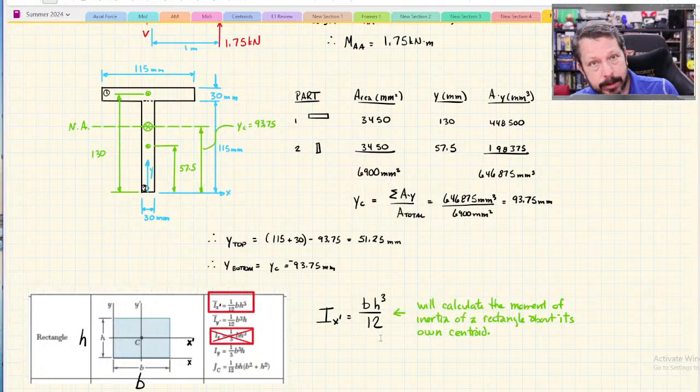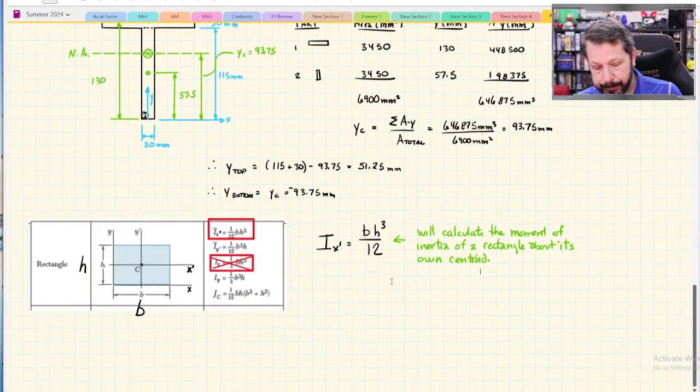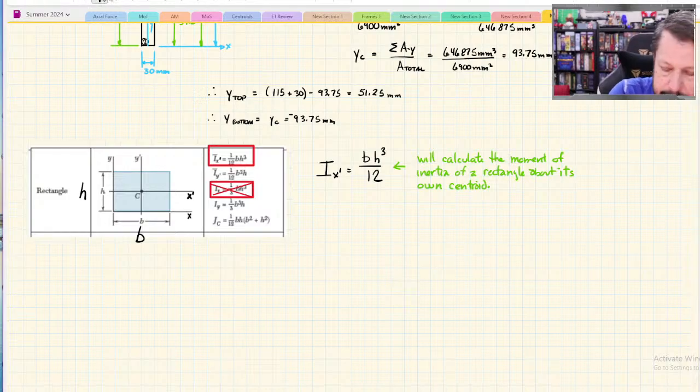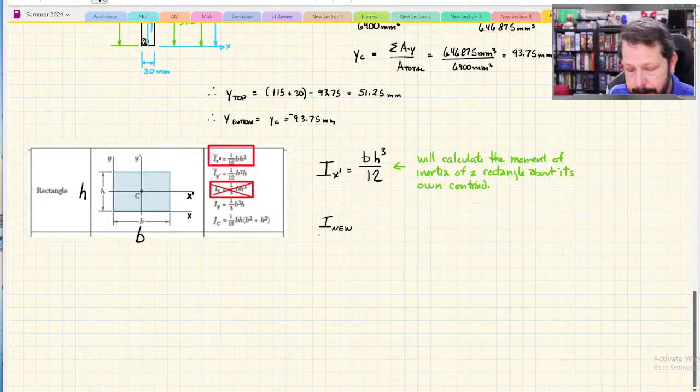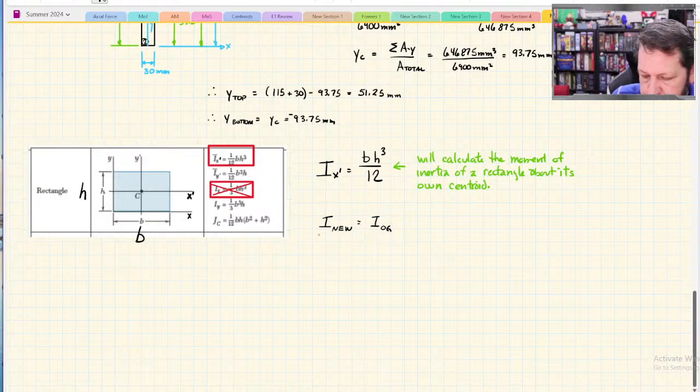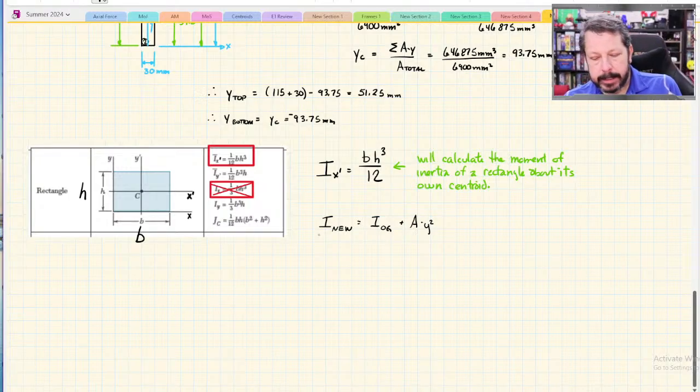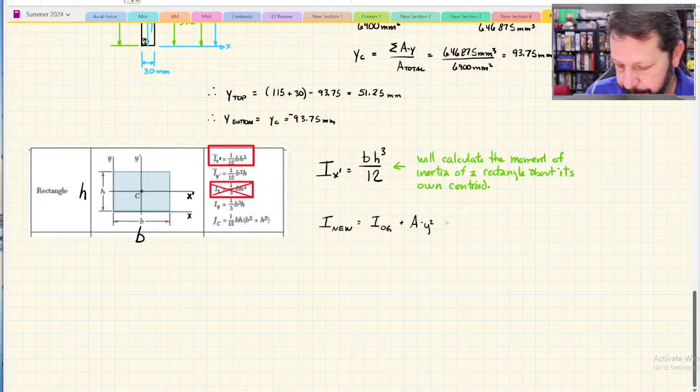So that's where the parallel axis theorem comes in. We'll say I new, so the new axis, equals I original plus A times y squared. This is the parallel axis theorem.